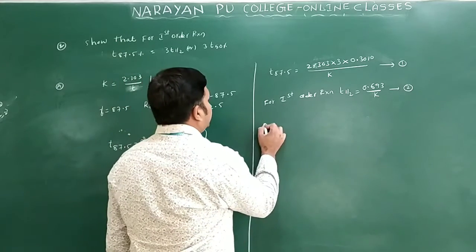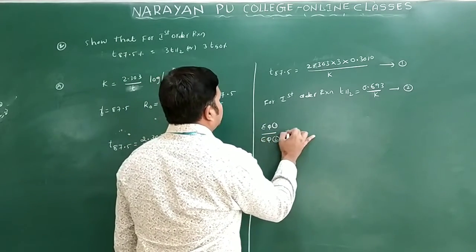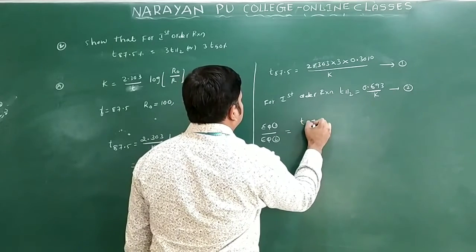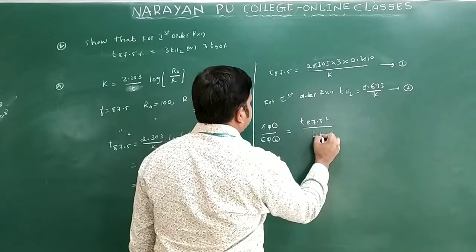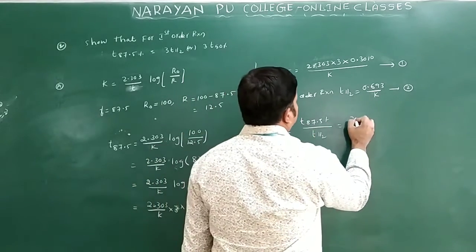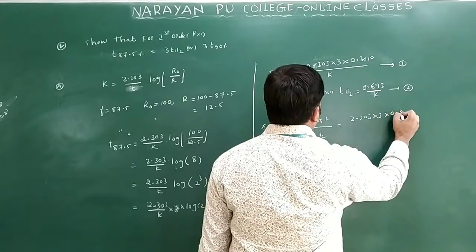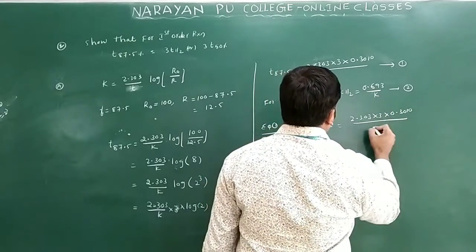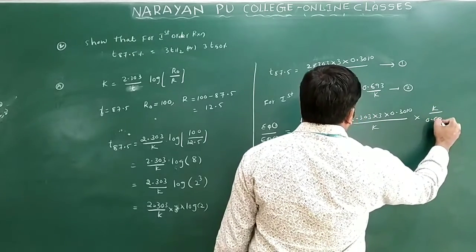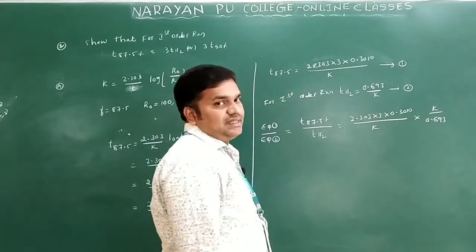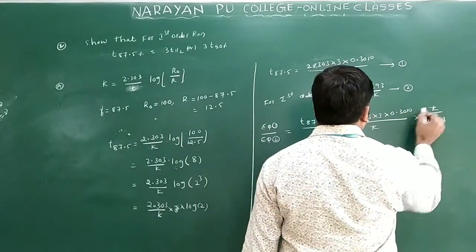Now equation 1 by equation 2, from this we write T 87.5% by T half is equal to 2.303 into 3 into 0.3010 by K, divided by 0.693 by K. Okay, so K and K cancel here.